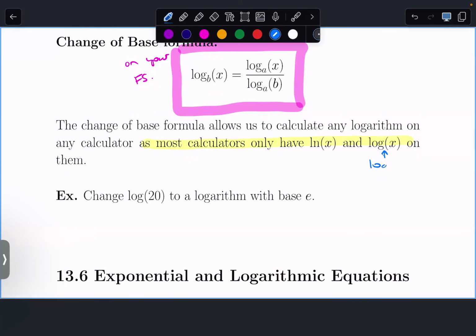This is log base 10 of x, the common log. And so what could you do?